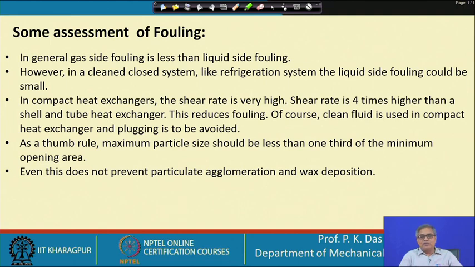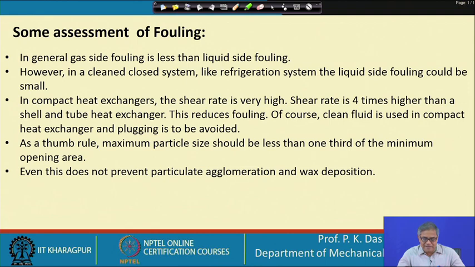They cannot be used for very dirty conditions, but the tendency of fouling will be less in a compact heat exchanger, the way they are operated. And fouling should not be encouraged in a compact heat exchanger, because if there is any plugging, one can understand the consequence for a compact passage.